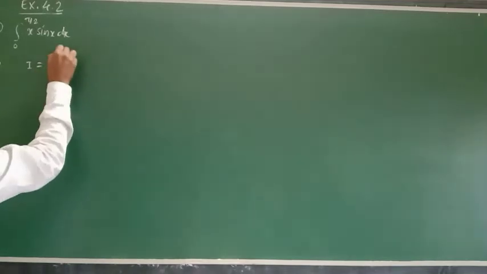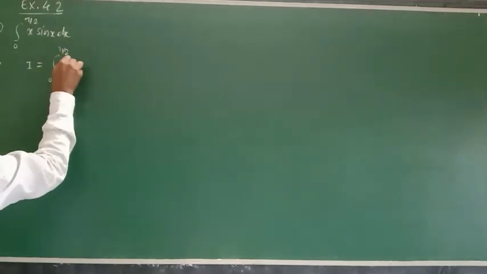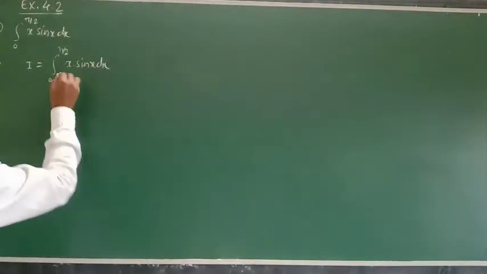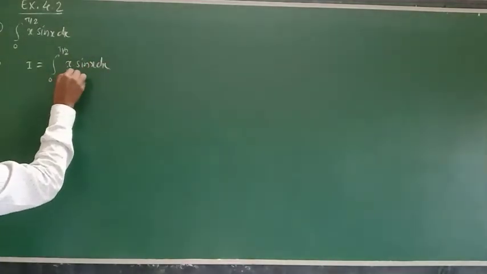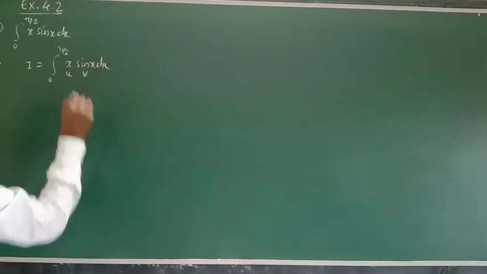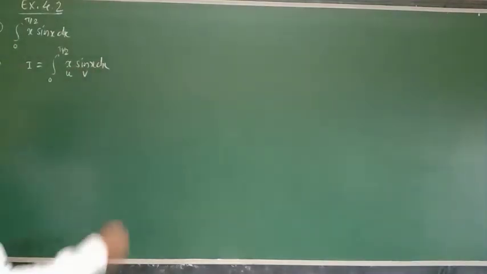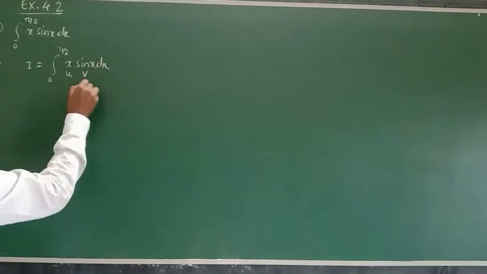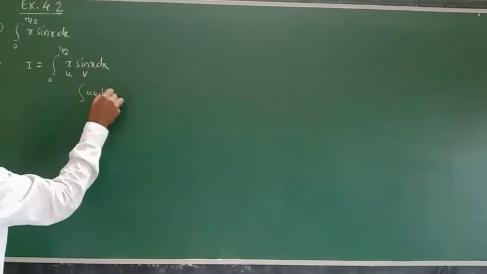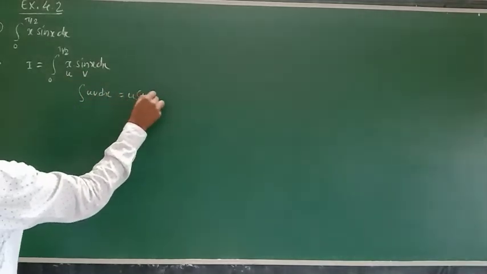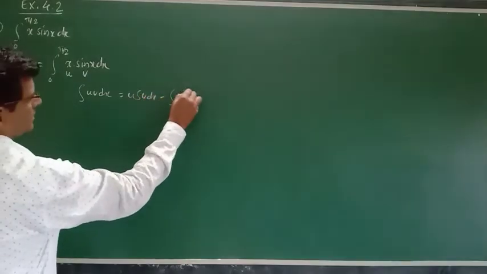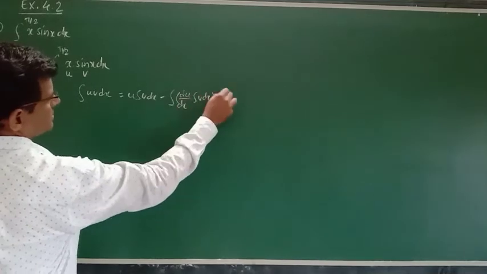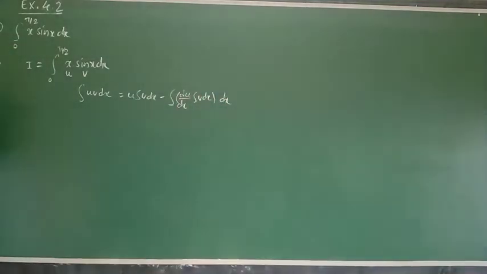So what is it? 0 to pi by 2 x into sin x dx. By integration by parts, first function is the algebraic function x, second function sin x is the trigonometric function v. What is the integration by parts? Integration of u v dx is equal to u integration of v dx minus integration of du by dx integration of v dx, total integration dx.